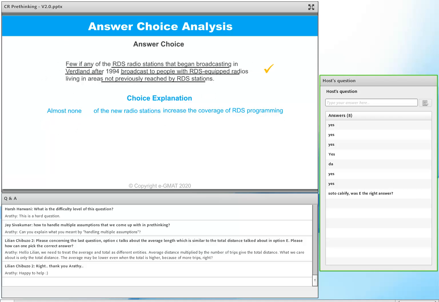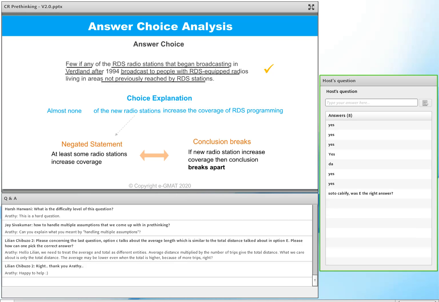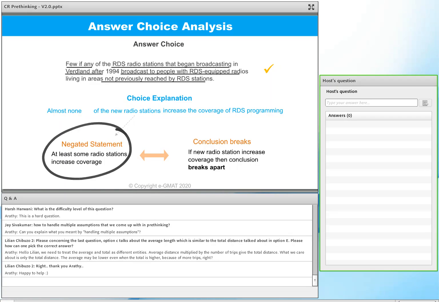Let's kind of do our negation test over here. Negated statement is at least some radio stations increase coverage. If radio stations increase coverage, then can we really say that, hey, the number of people receiving special program information in 94 remain the same in 96? No, we can't say that. My conclusion breaks down, which means I passed the negation test, which means this is my correct answer.